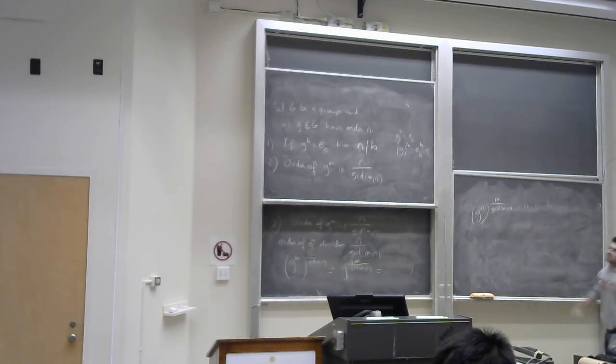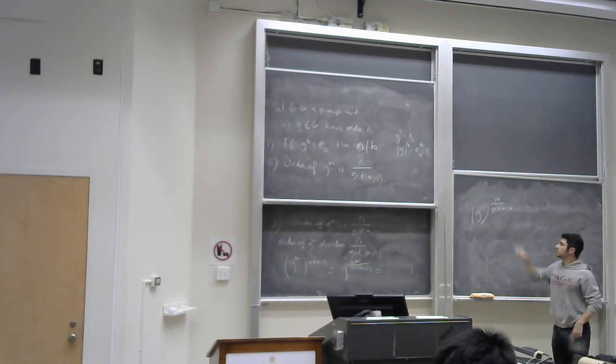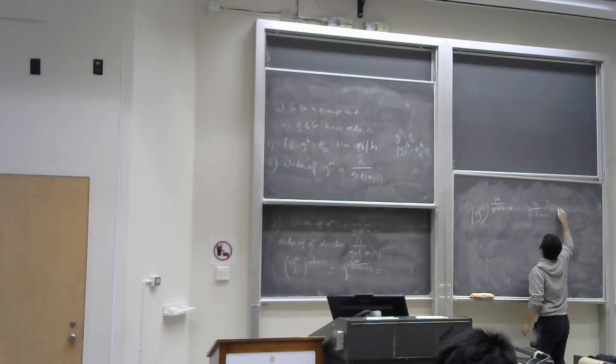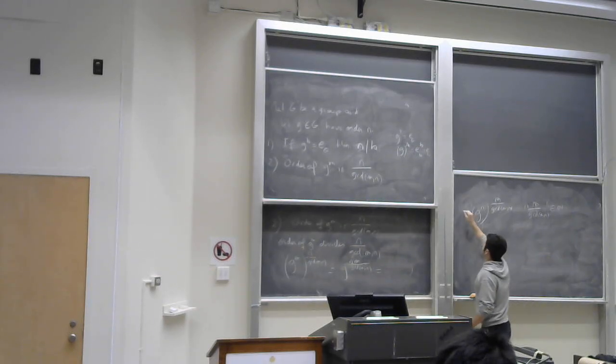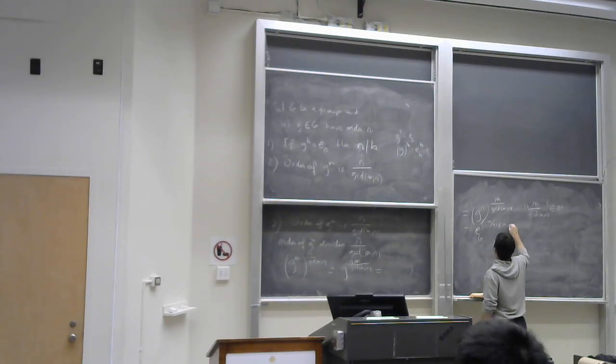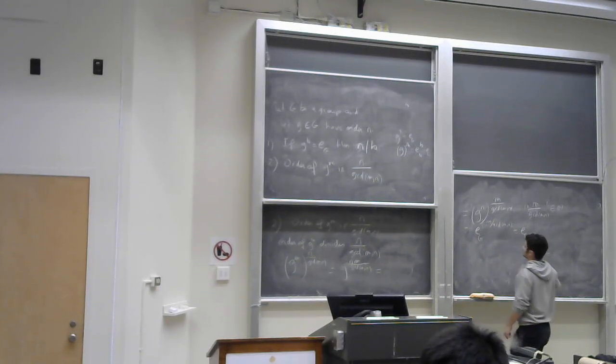Note that m over GCD(m, n) is an integer because GCD(m, n) divides m. So you get the identity of g to the power m divided by GCD(m, n), which is equal to the identity of g.